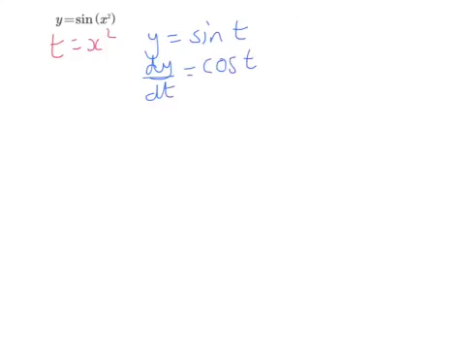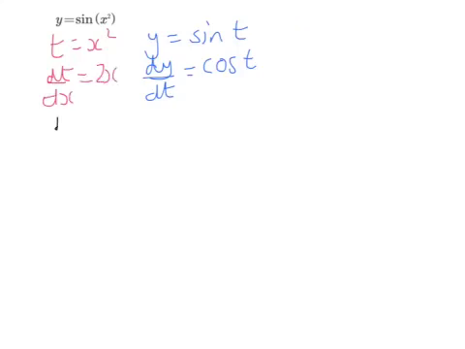Okay, now the last two examples are really similar to each other, but they are subtly different. So be really careful with these last two. Okay, first one, we're going to let t equal x squared, and therefore y is sine t. Okay, dy by dt is sine goes to cos, so that's that. dt by dx is 2x.